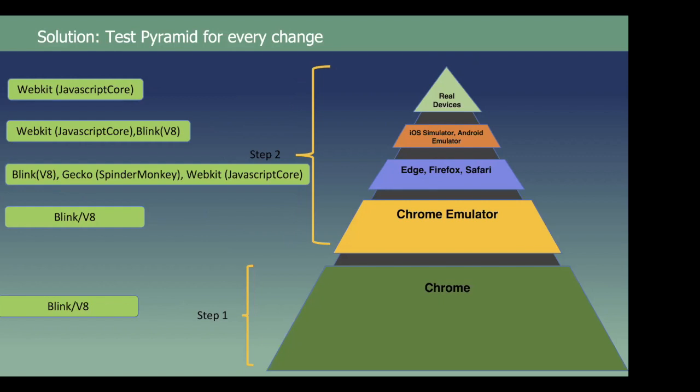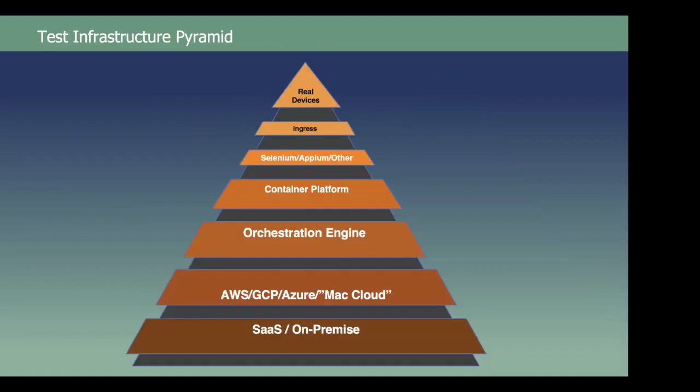And this is another way to look at the pyramid, which is to cover based on the rendering engine. Blink, V8, Chrome and Chrome emulator, Blink, V8, and other engines as well. So this is another way to say, hey, I'm running differently, but at the same time, I'm still covering all the rendering engines.